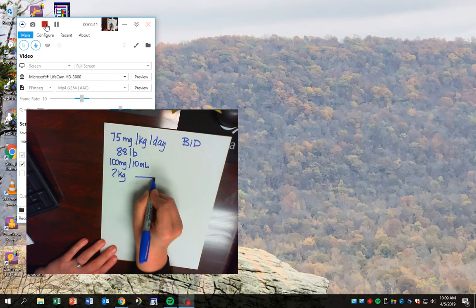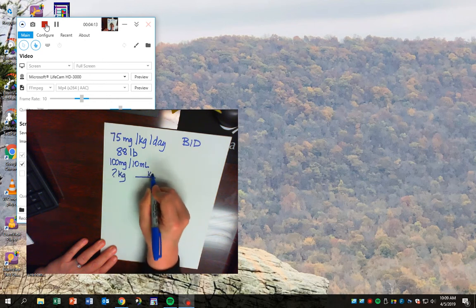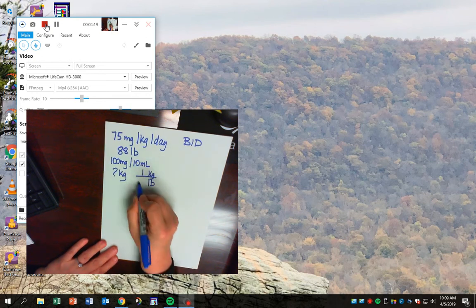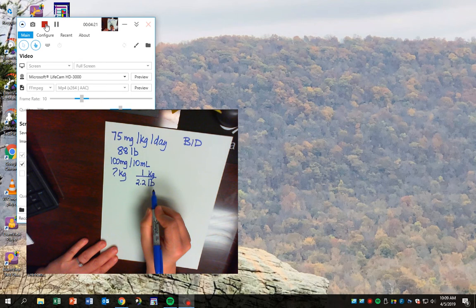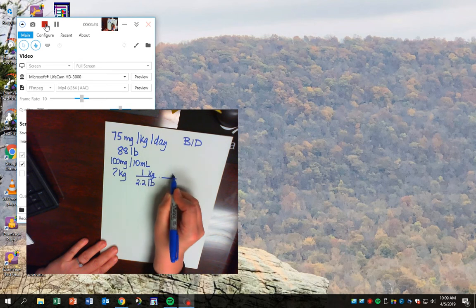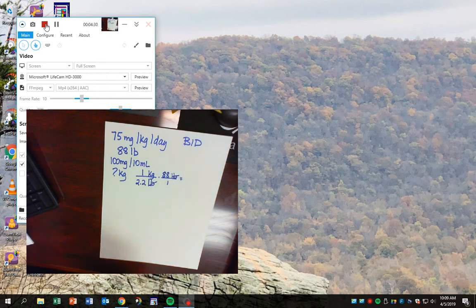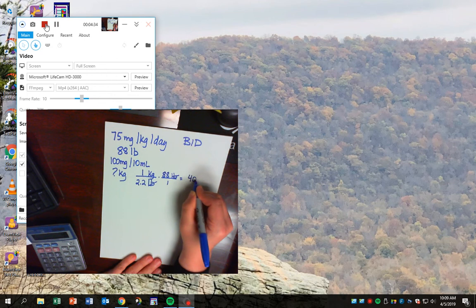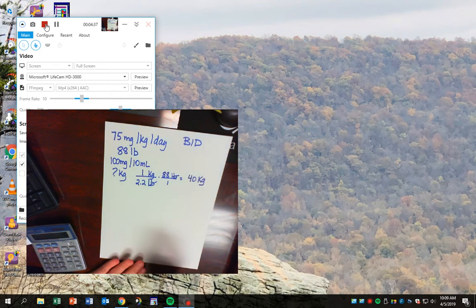Since we're solving for kilograms, I start with kilograms on top, and I have pounds, so I need my known conversion, which is 1 kilogram is equivalent to 2.2 pounds. This is where I plug in my 88 pounds over 1. Pounds cancel out, and that gives me 88 divided by 2.2, which is 40 kilograms. That would be the answer to number 5.